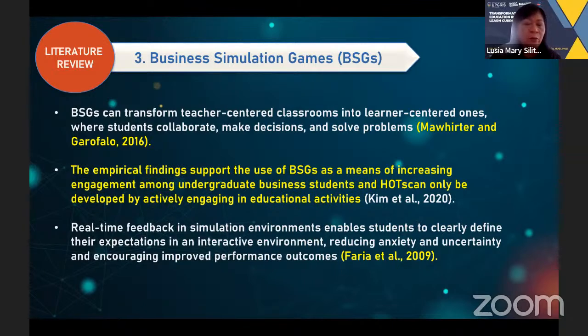If you perform well, automatically the interface or the game will give you a reward. The very simple reward is a thumbs up. So students know that they perform well, they are happy. So they move deeper and deeper into learning in the game.